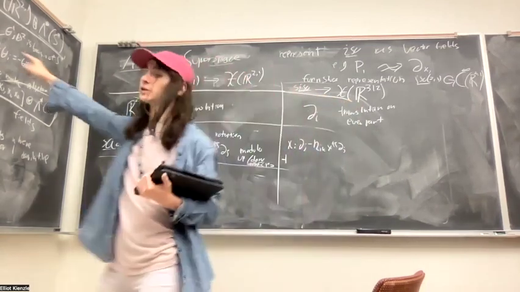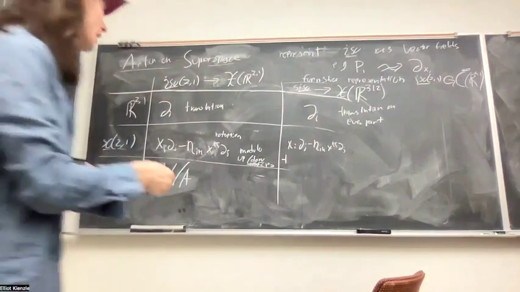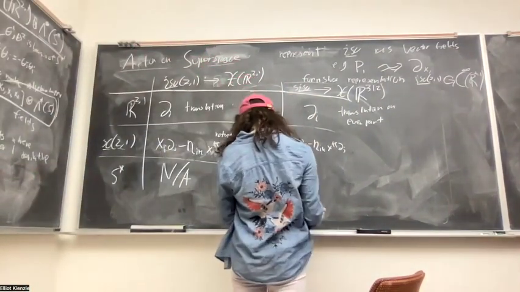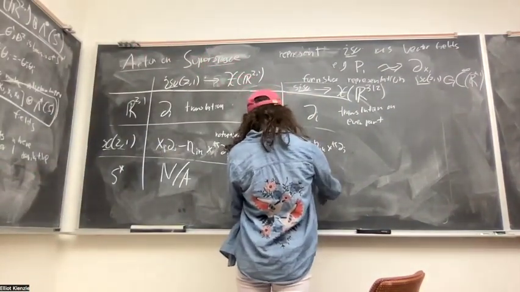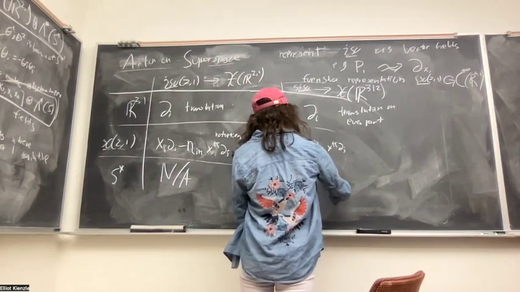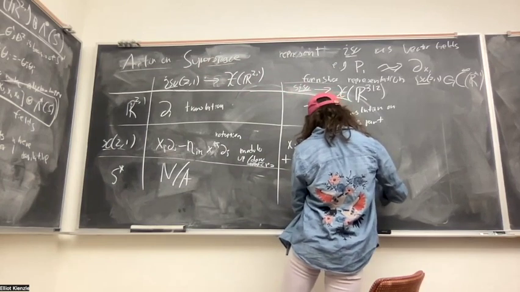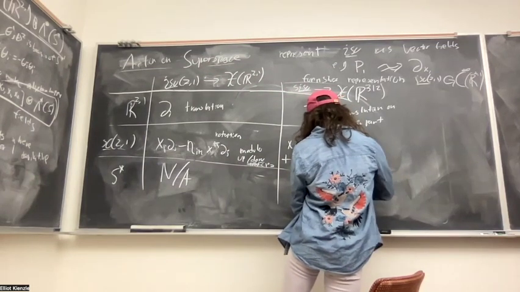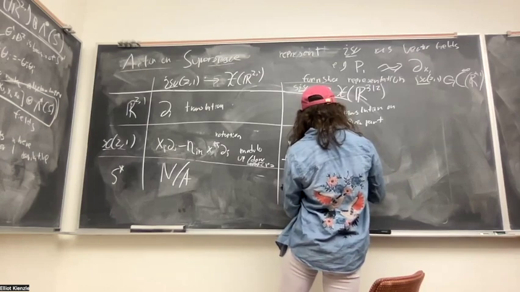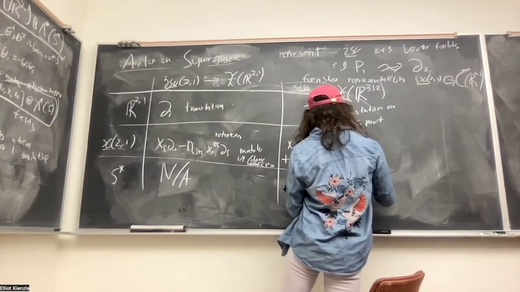And remember, I have coordinates for this coming from the theta^I. So the rotation is theta^b partial over partial theta^a minus theta^a partial over partial theta^b, sorry, alternating.